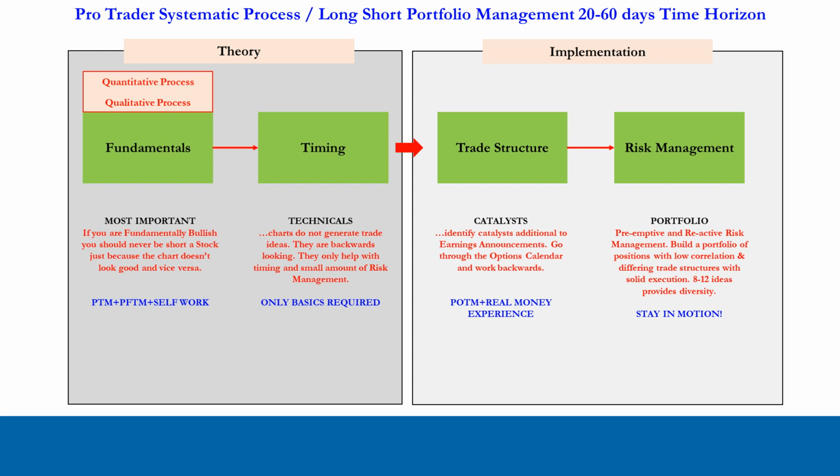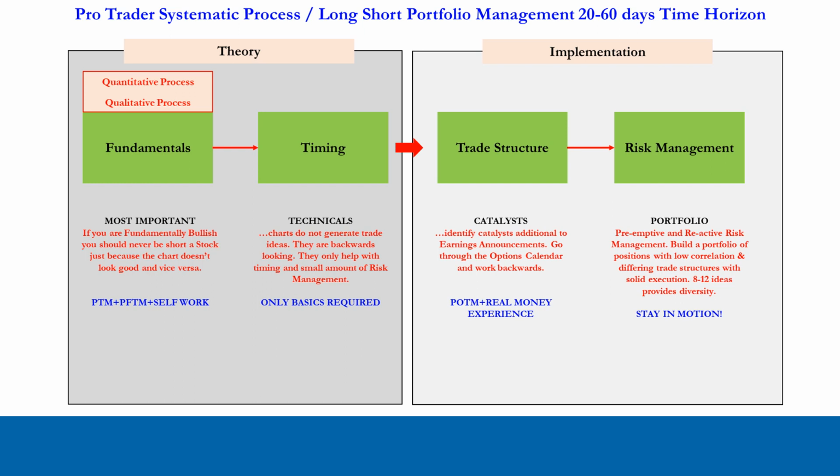So we obviously identify catalysts, and we identify catalysts that are additional to publicly known catalysts like earnings announcements. Most of the time, we are structuring these trades with options. However, we do not take options positions unless they provide a marginal benefit to simply owning or shorting a stock.